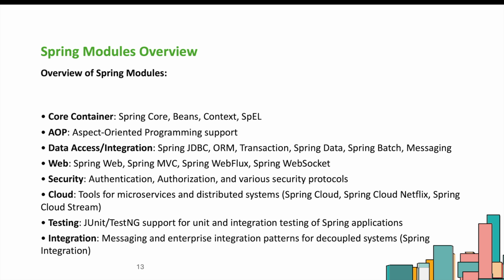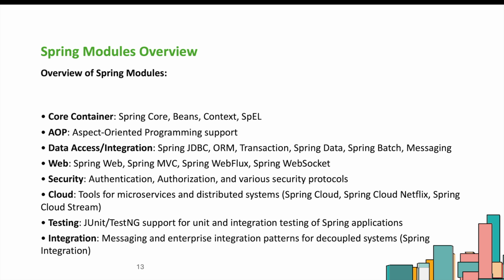If you look here, we have a few modules as I listed: core container, AOP, data, and so on. When you're building a core basic application, maybe core container is enough. For aspect-oriented programming, you just need the AOP module. When you're building a Spring-based application which deals with a database or batch processing messages, just go with data access.